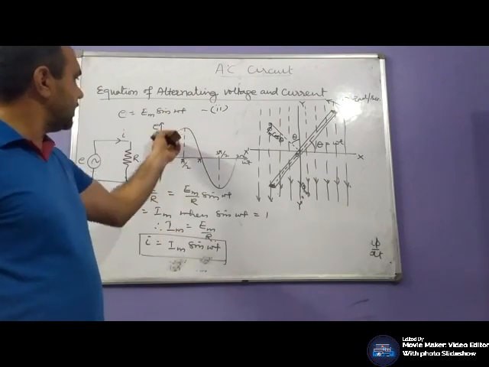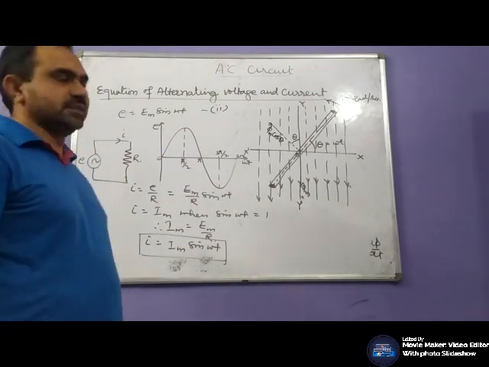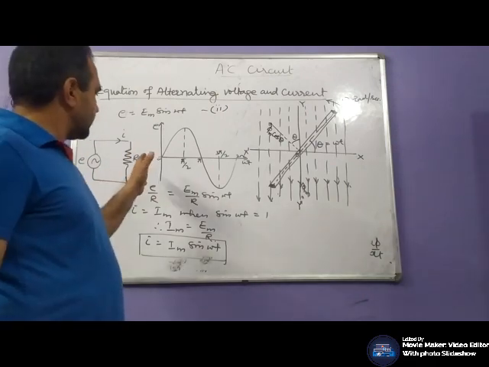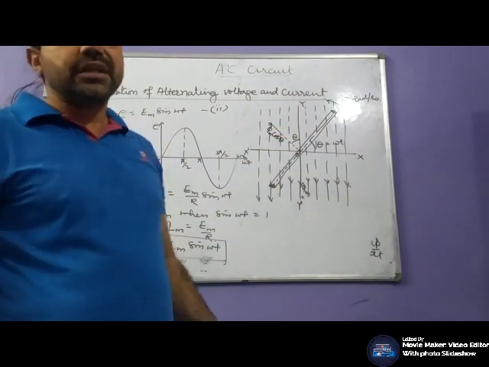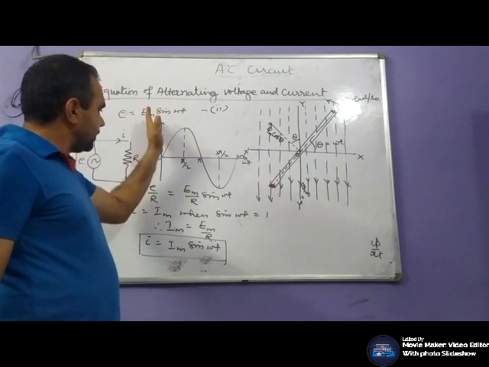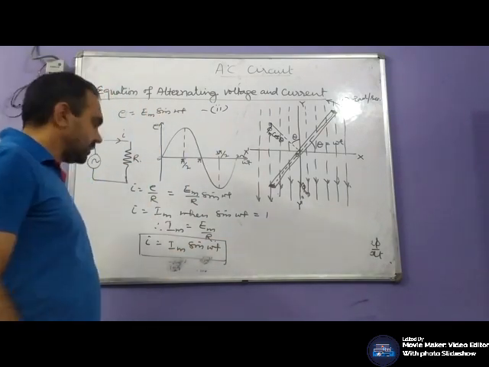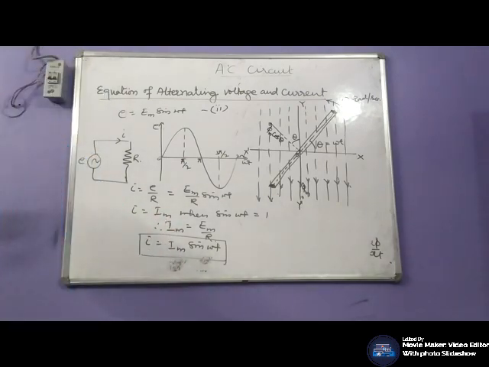And similarly, this current is also of alternating nature. So in an AC circuit, when this coil is rotated in a constant magnetic field, the EMF induced and current would be of alternating nature.